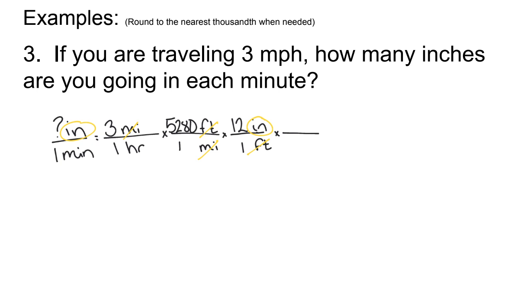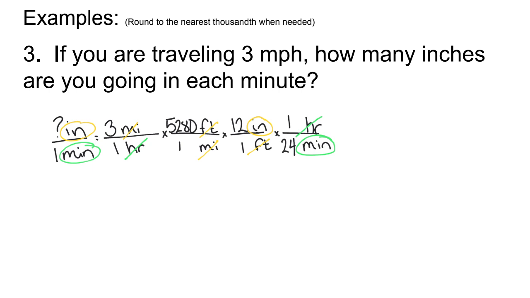Because remember, when one's on top and one's on bottom, they'll cancel out. So from hours, we can go to minutes. 1 hour is 24 minutes. See here, hours on bottom will cancel with hours on top, and we'll be left in minutes, which is what we want.